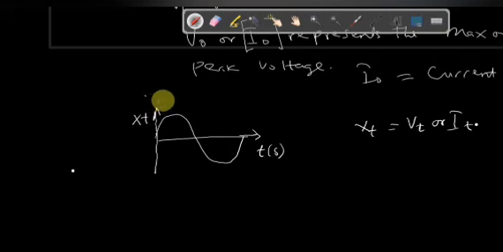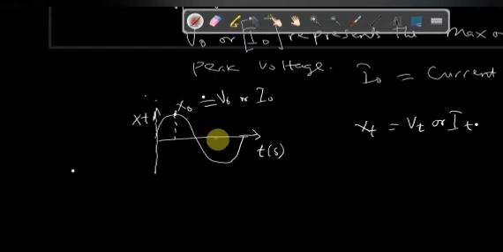The peak value is the maximum point here. So this is the peak value, S naught, and remember, S naught represents V naught or I naught.